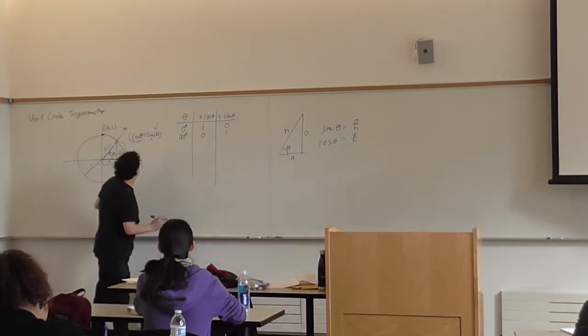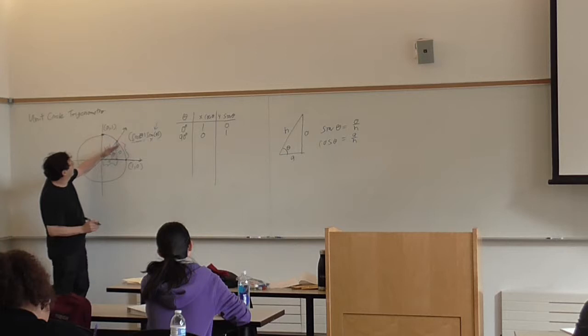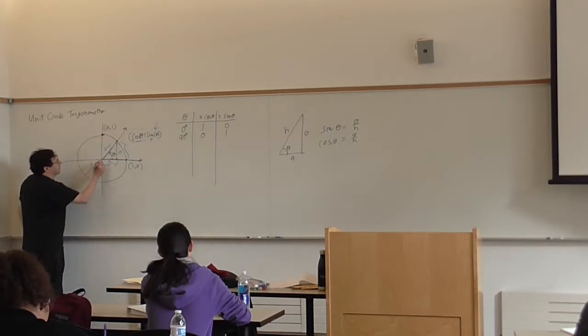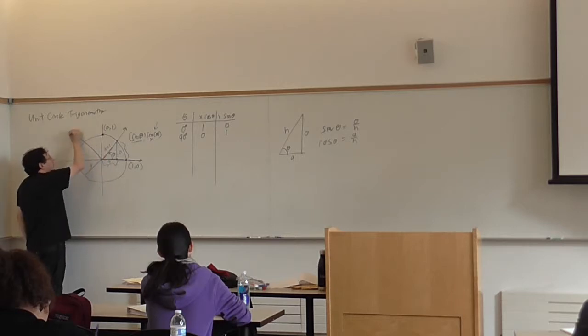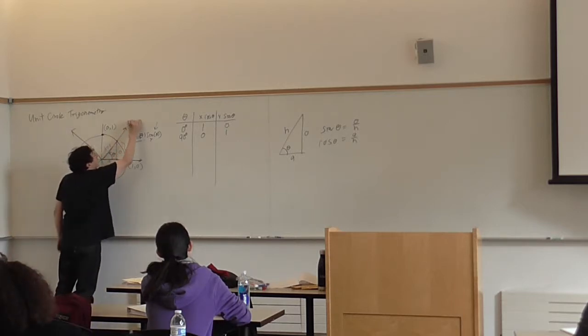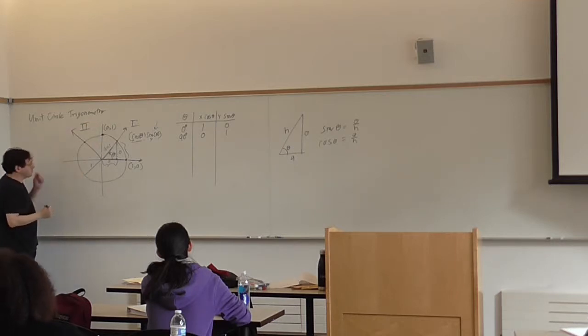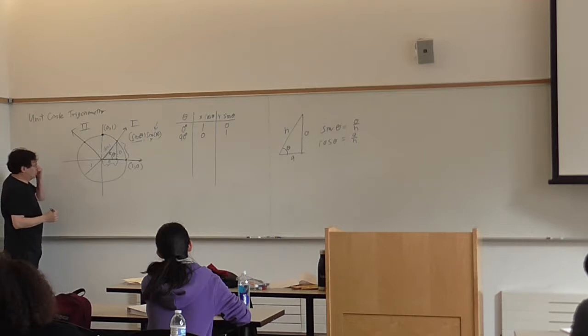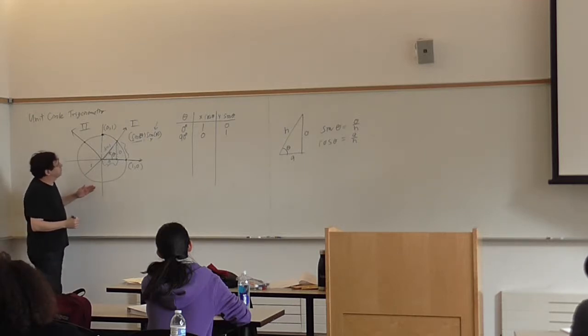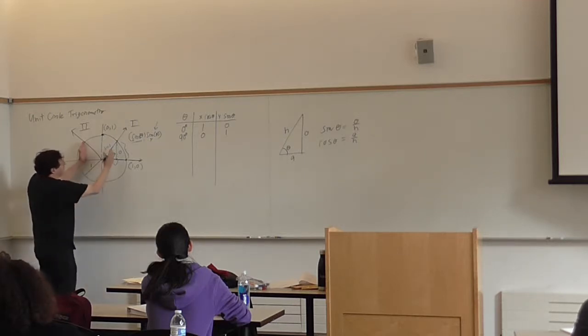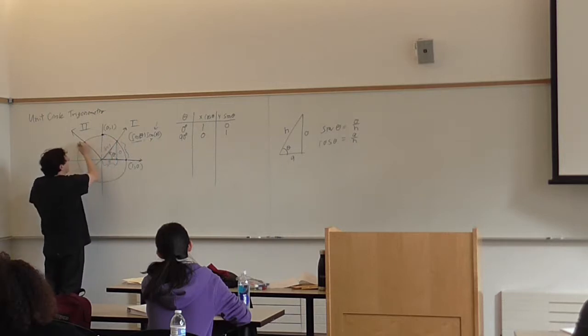But this definition isn't limited to a 90-degree angle here. If we go a little further out into the second quadrant, we see something interesting happens. Well, our y-coordinates are kind of aligned with a point here in the first quadrant.